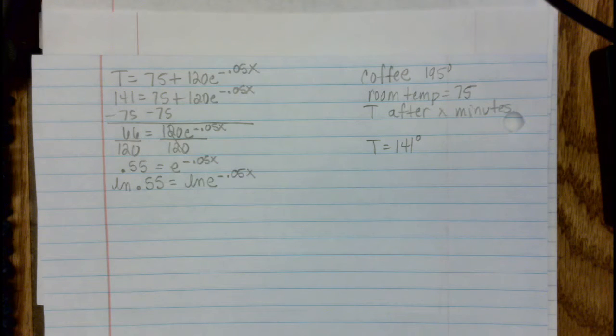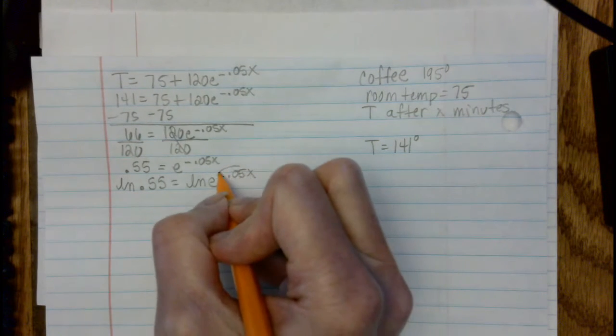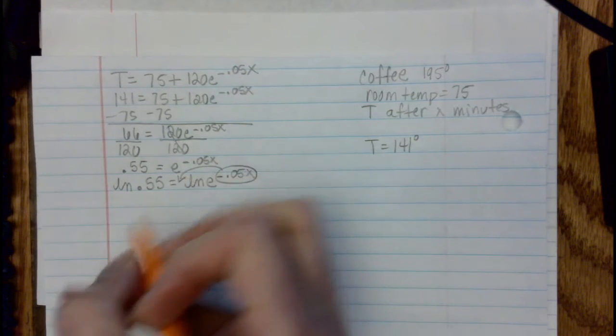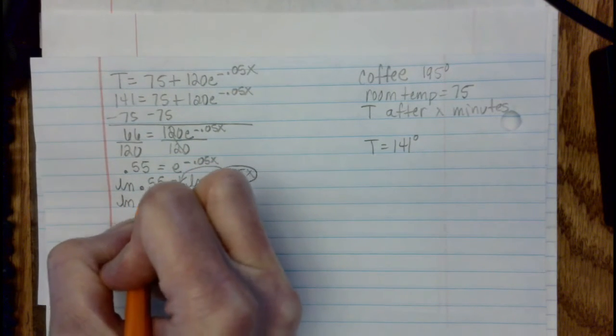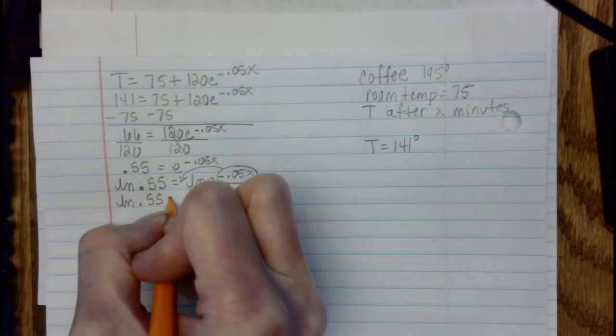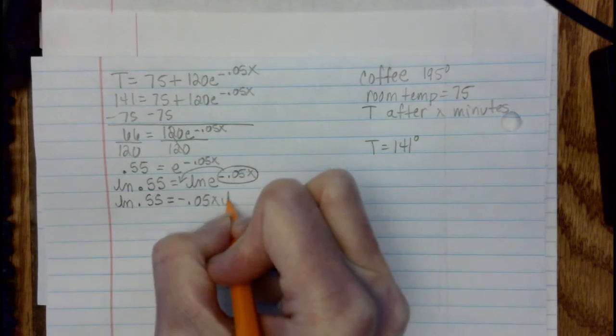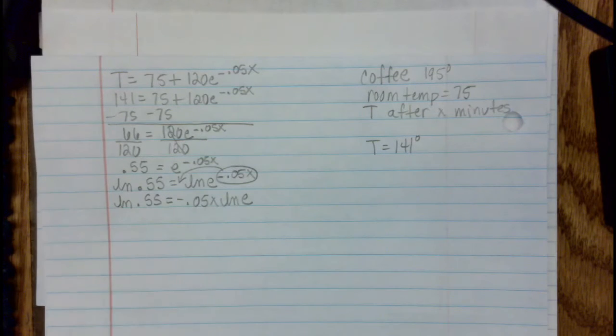Also, we have to be aware that we're using the logarithm properties. So we're going to take this value and use our property. We get the natural log of 0.55 equals negative 0.05x times the natural log of e.